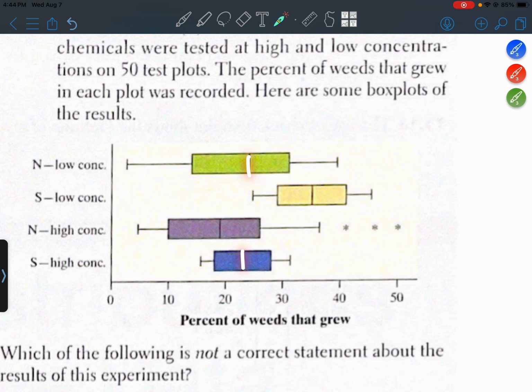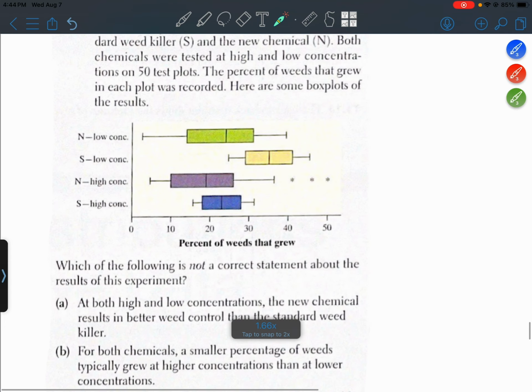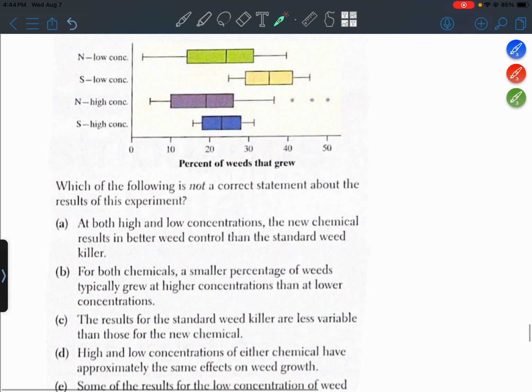These two medians seem to be about the same. This one seems to be a little bit lower. That one seems to be noticeably higher. This is the new chemical at high concentration, the only one that has some high outliers in its data set. Okay, anyways, which of the following is not a correct statement about the results of this experiment?